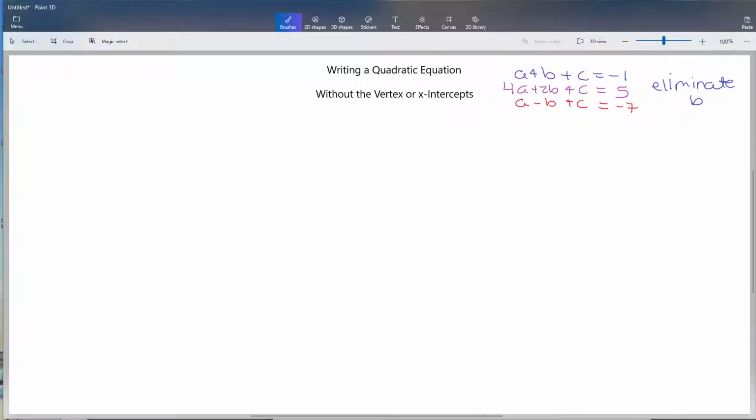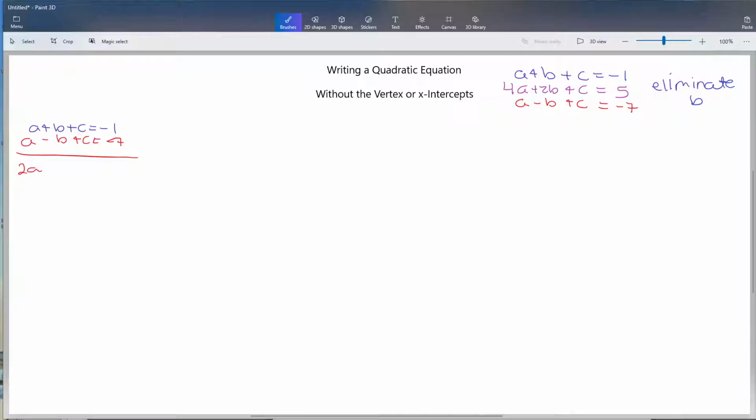So I have my first equation, a plus b plus c equals -1. And then I have my third equation, a minus b plus c equals -7. And I'm just going to add these together, okay? A plus a is going to be 2a. B plus -b is 0.